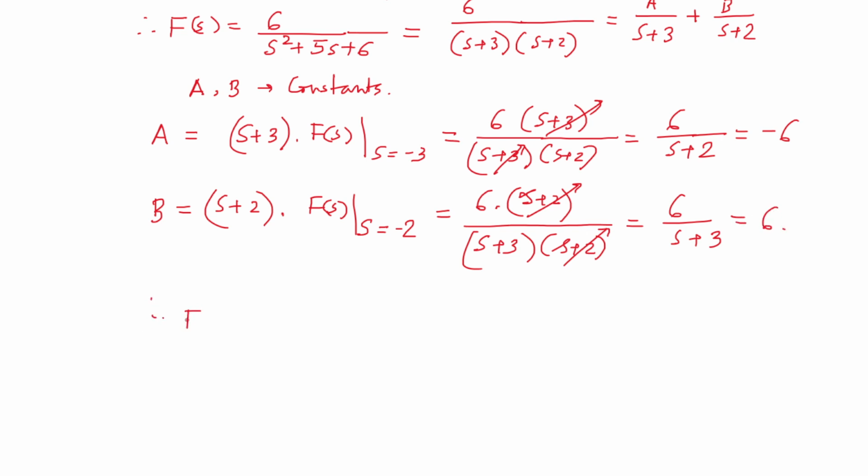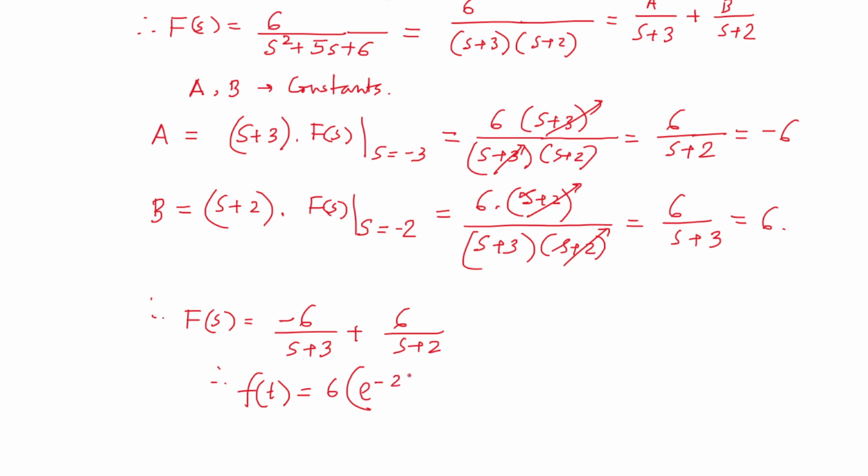So your Fs will be minus 6 by s plus 3 plus 6 by s plus 2. If you take 6 common, 1 by s plus 2, its inverse Laplace will be e to the power minus 2t, and 1 by s plus 3 inverse Laplace will be e to the power minus 3t.